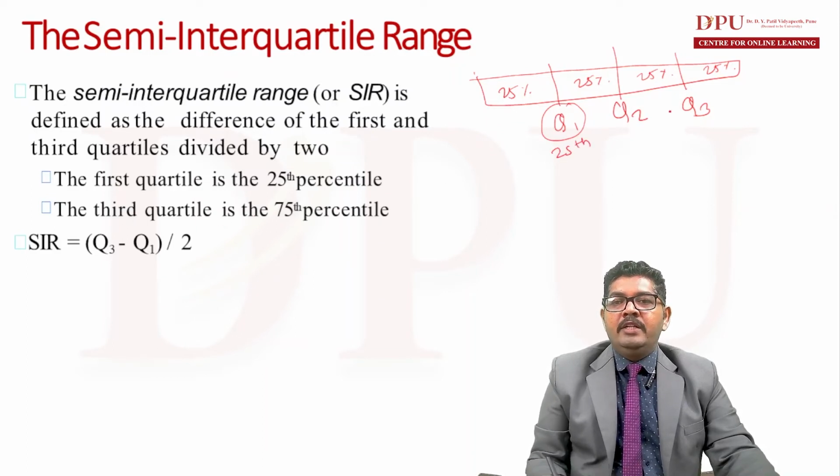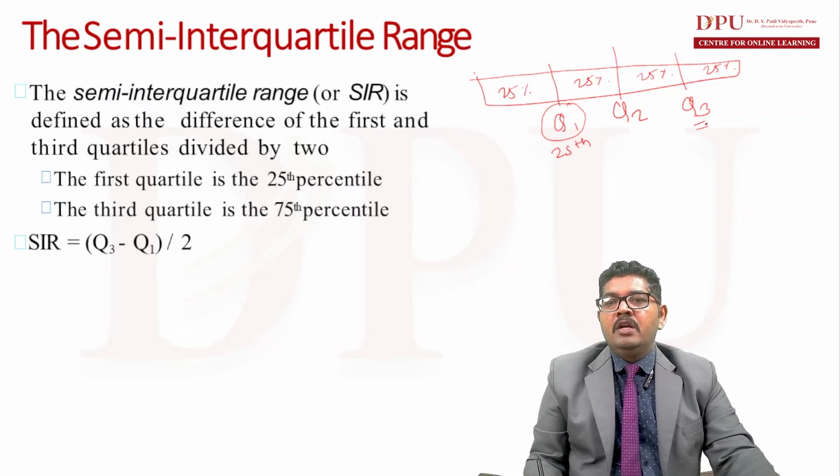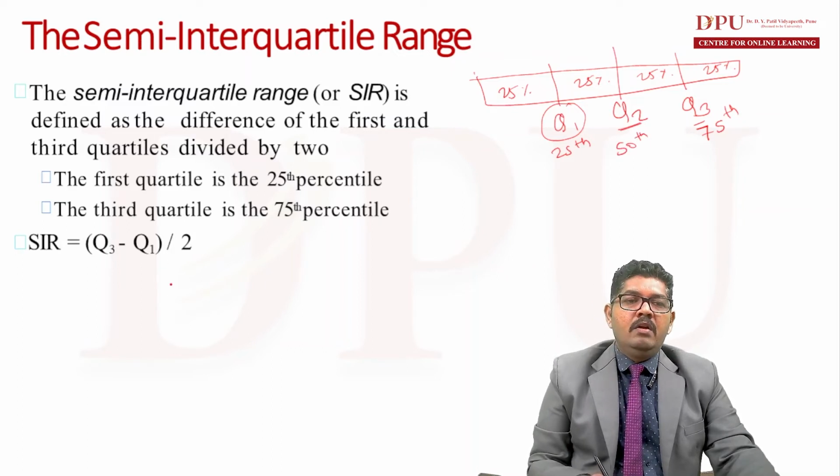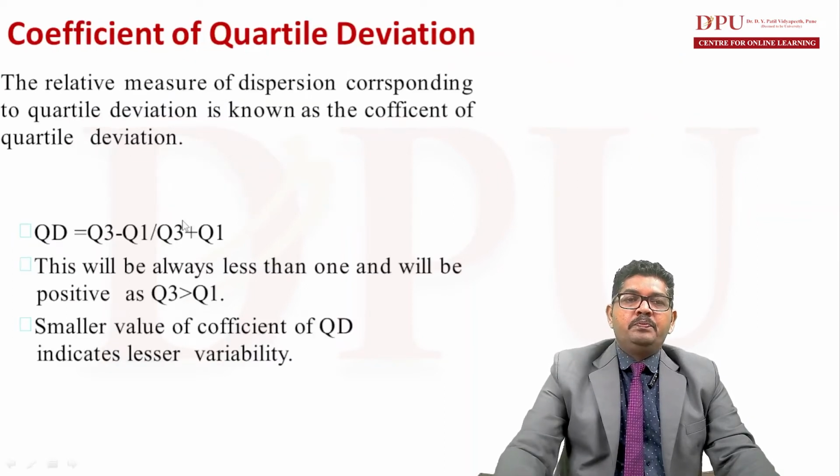The third quartile, that is Q3, right, is called the 75th percentile because there are 75% of the observations having value less than Q3, and there are only 25% of observations which have value greater than Q3, and that's why it is called the 75th percentile, and Q2 is called the 50th percentile. So semi-interquartile range SIR is equal to Q3 minus Q1 divided by 2.